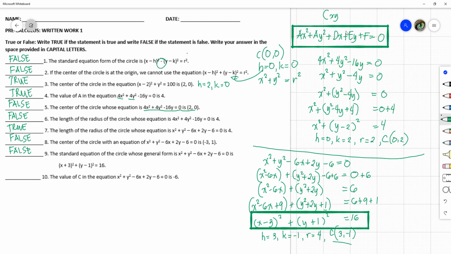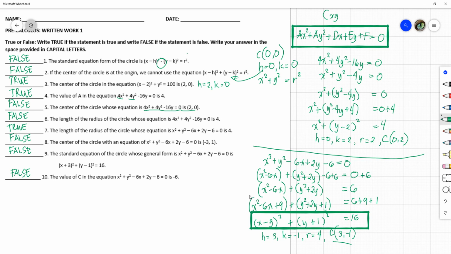That's why C is equal to 0. Therefore, the value of C in this equation is 0, so the statement is false, because it should not be equal to -6.